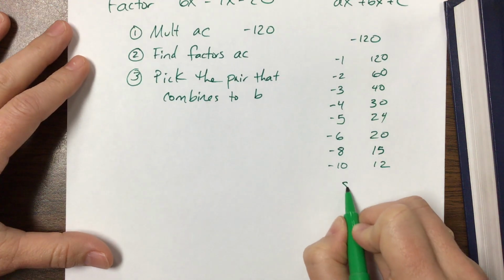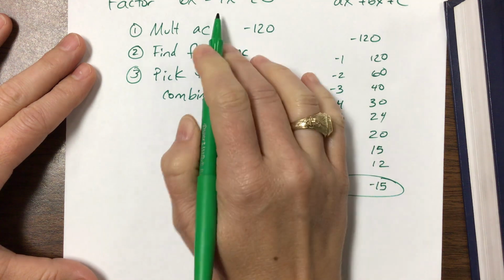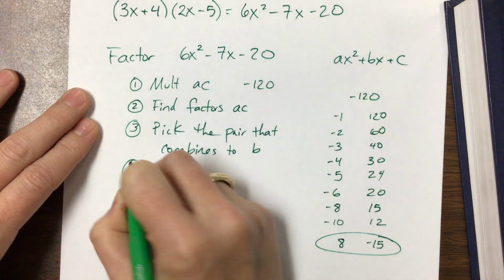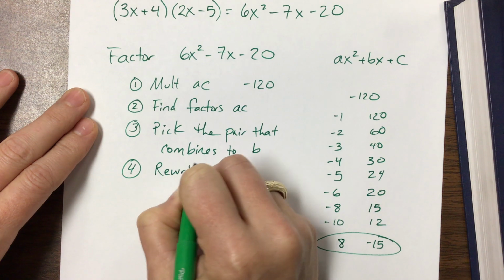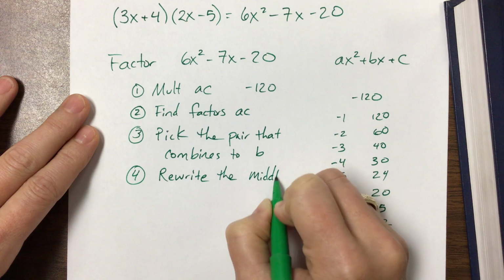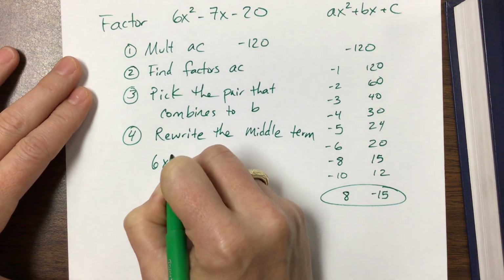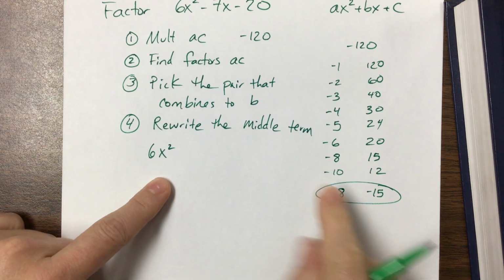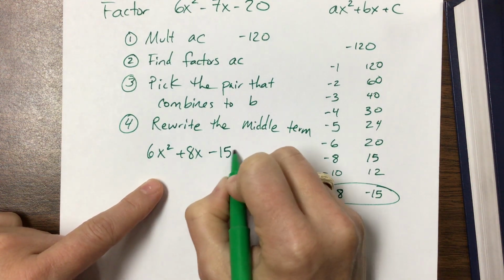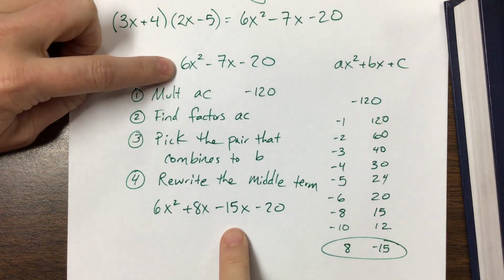But if I switch it and say positive 8, negative 15, now this is the pair that will give me that. So now step 4 is to rewrite the middle term. Now I have 6x squared plus 8x minus 15x minus 20.